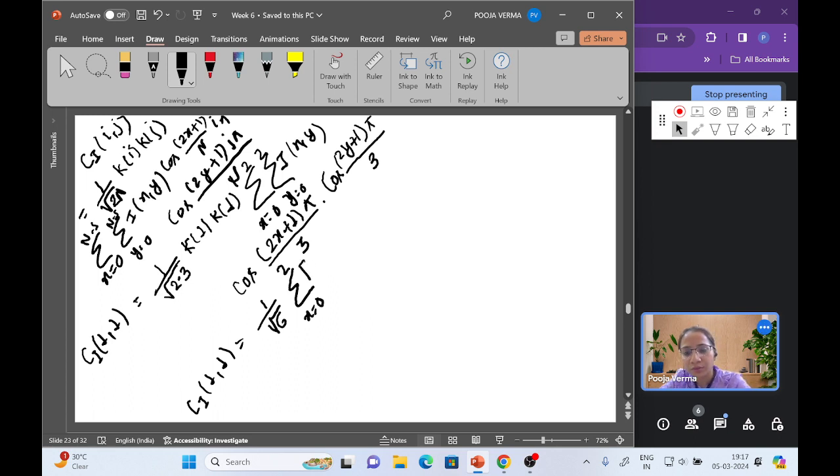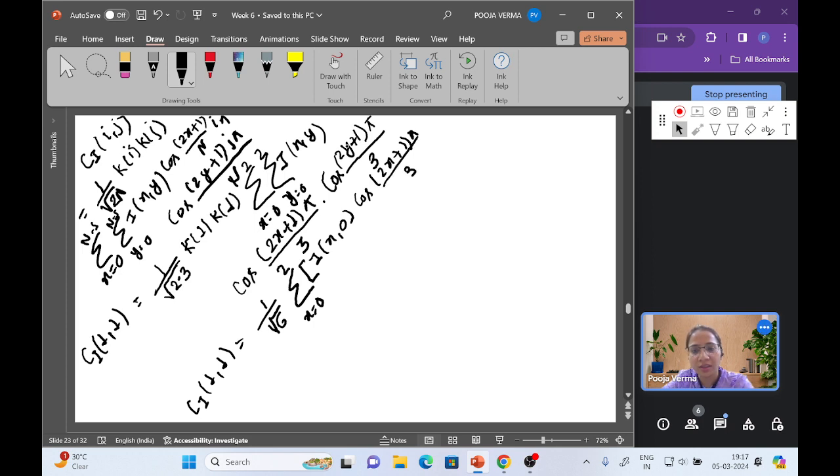Okay, so this is the summation of all the components. So y varies from 0 to 2. First we will put 0, then 1, then 2. So I x comma 0, we are putting 0 first. So cos of 2x plus 1 into y divided by 3.